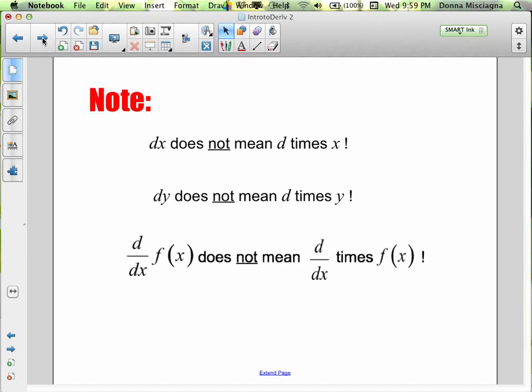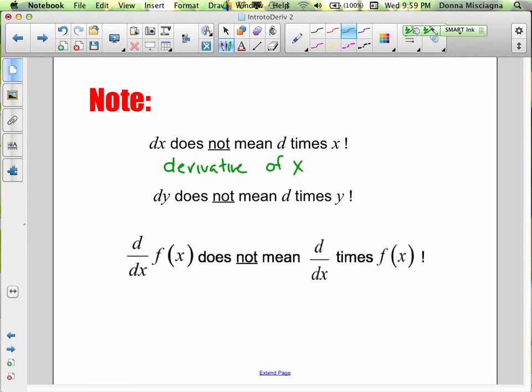So to review, dx does not mean d times x. It means the derivative of x. And dy does not mean d times y, it's the derivative of y.